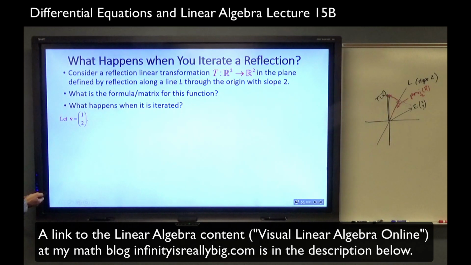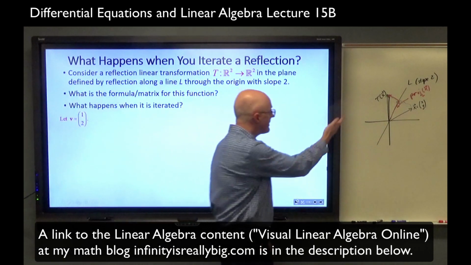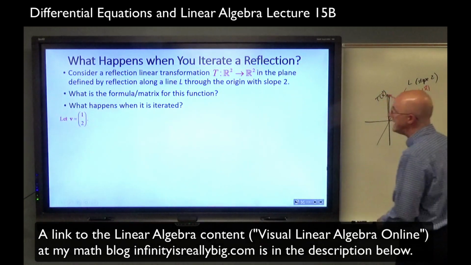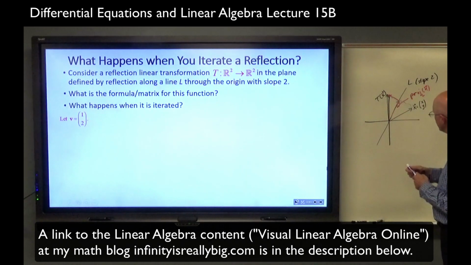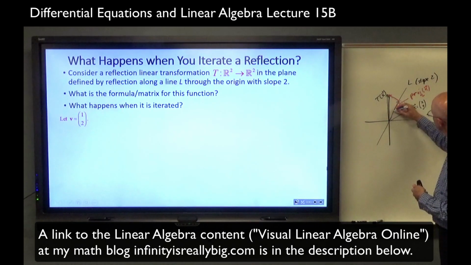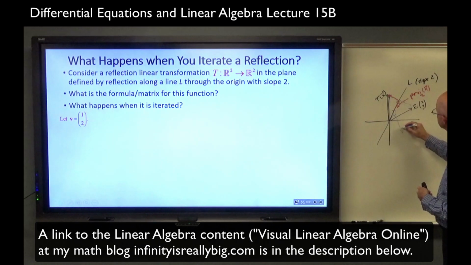Okay, so here's a vector v that is parallel to L. v is not necessarily this red vector, but it is parallel to it. Pretend it's right here. That would be a vector, since this line has slope 2, with horizontal component of 1 and vertical component of 2.